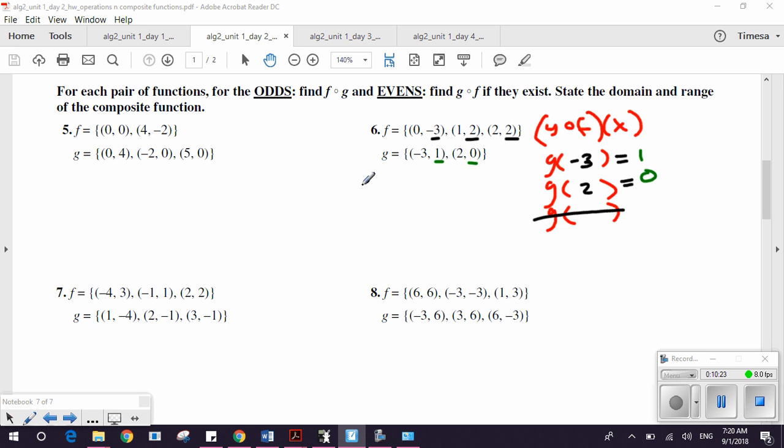So the domain of the composite, the domain of G of F, is negative 3, 2. The range of the composite is 1, 0.